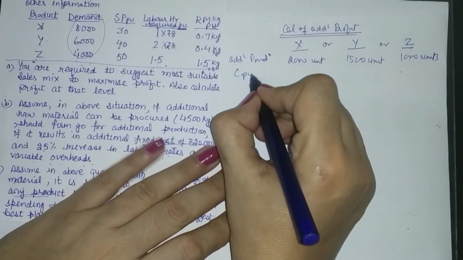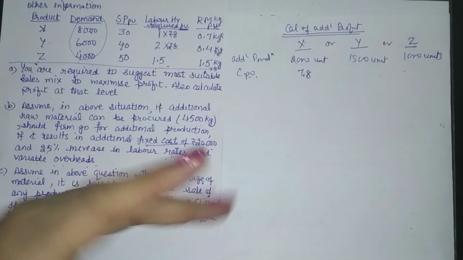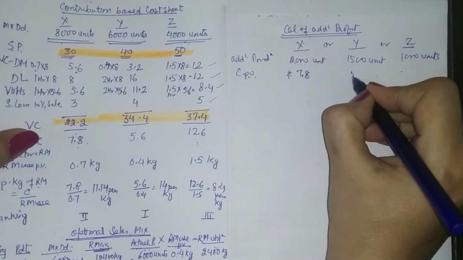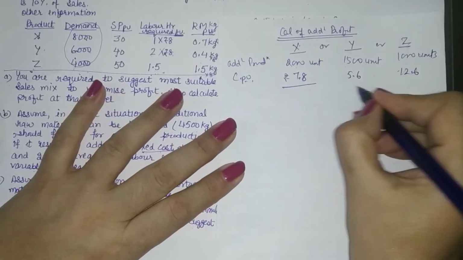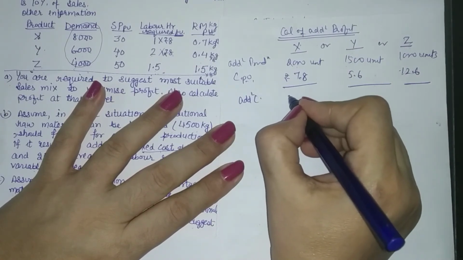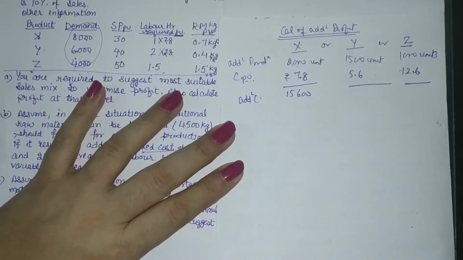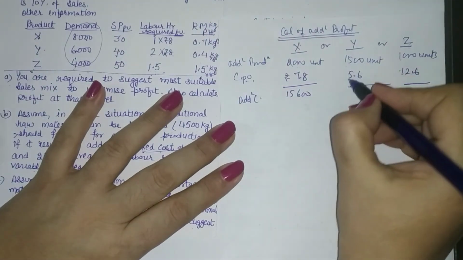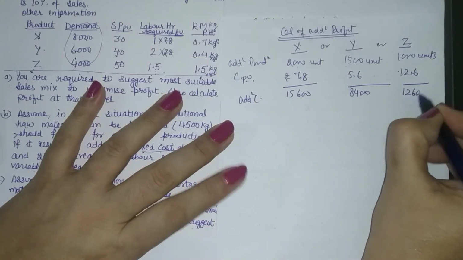Okay, so contribution per unit that we have calculated is 7.8, 5.6 and 12.6. It means our additional contribution is going to be 15,600, then 8,400 and here 12,600.